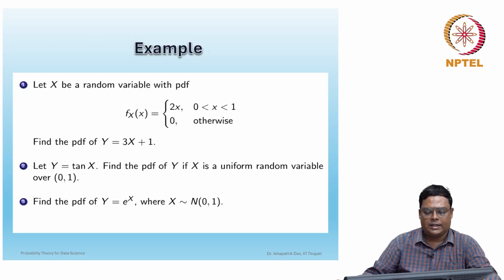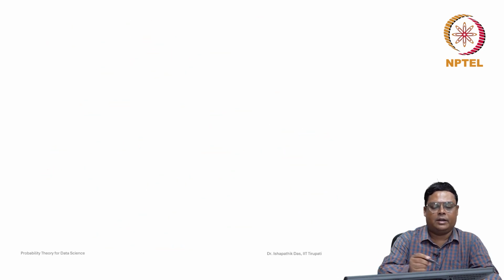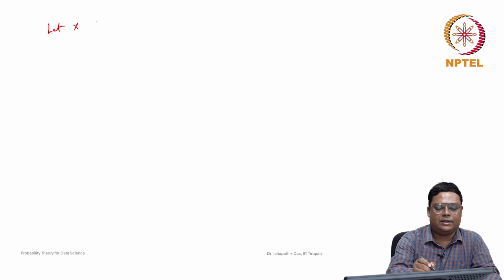Let y is equal to tan x. Find the probability density function of y if x is a uniform random variable over 0 to 1. So let us consider that. Let x be a uniform random variable on 0 to 1.